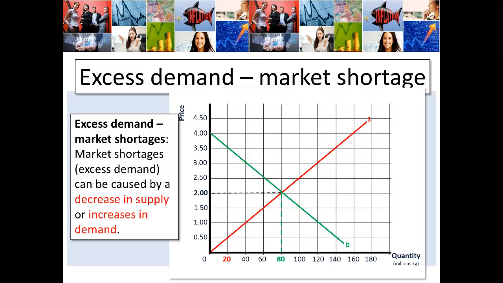So here we are. Initially, supply and demand meet. Equilibrium price of $2, equilibrium quantity of 80 million kgs.